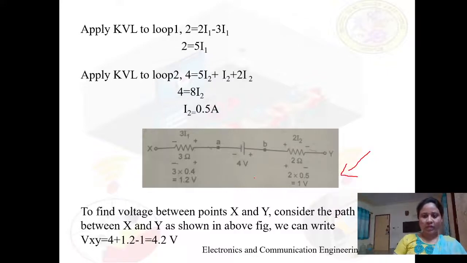Vxy can be written as the voltage drop across the 3 ohm resistor plus this 4 volts, and minus the voltage drop across the 2 ohm resistor. Therefore, Vxy is equal to 4 plus 1.2 volts, which is 3 into I1, minus 2 into I2.